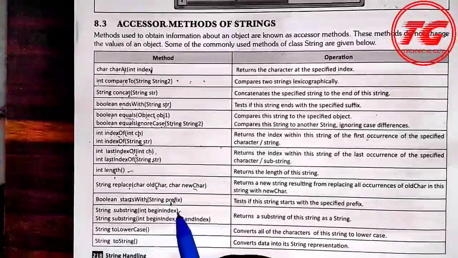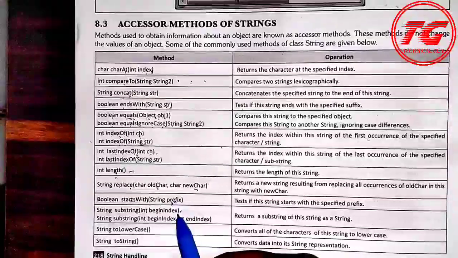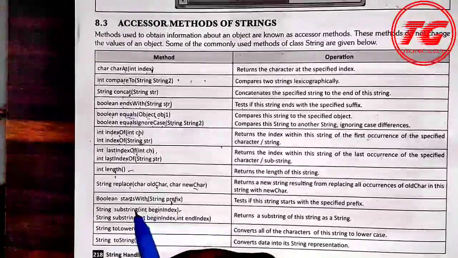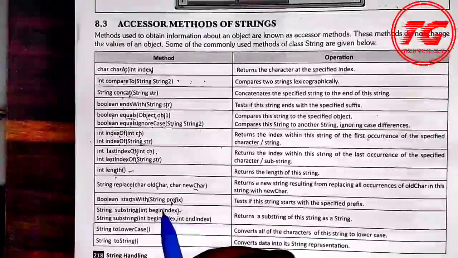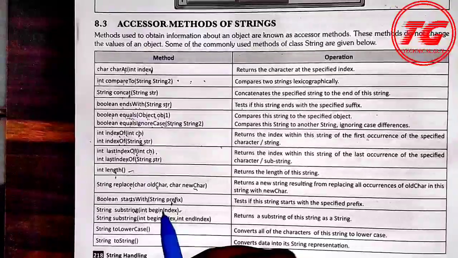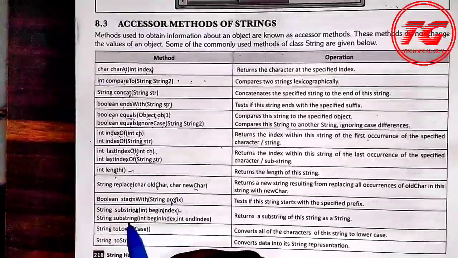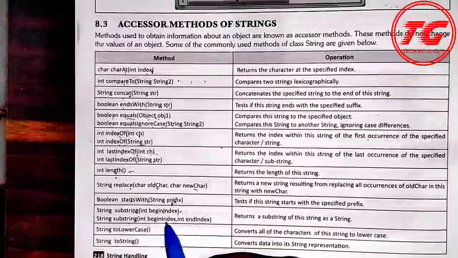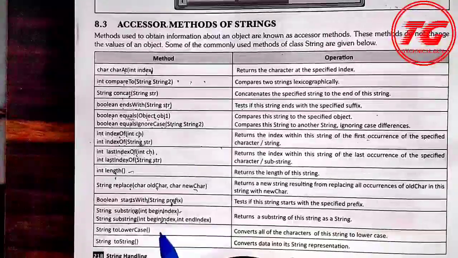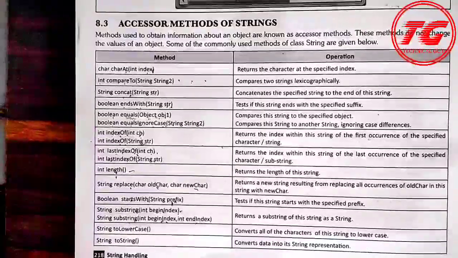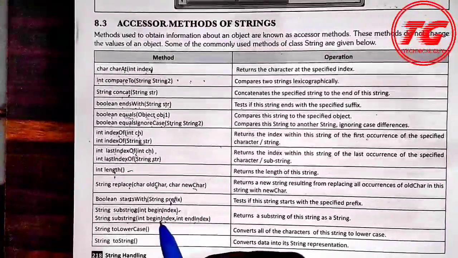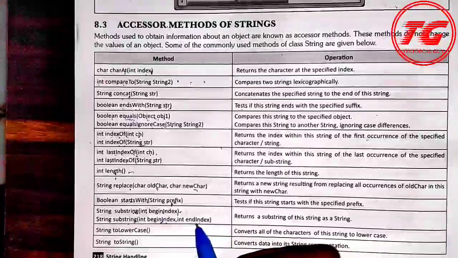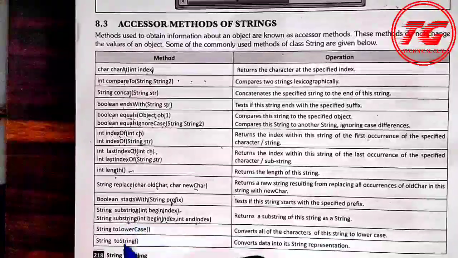Firstly, you can give the beginning index value, so it will return the substring from the given string starting from the beginning index value till the end of that string. In the second case, you can give two index values. The first is the beginning and the second is the end index. So from the beginning till the end index, the substring will be returned.